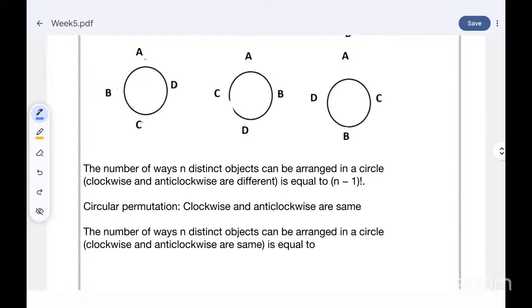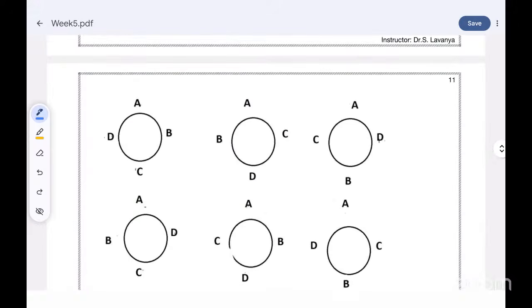Note that here clockwise and anti-clockwise are different because, if you are looking at this clockwise, then the position is actually A, B, C, D. But if you are looking at the anti-clockwise, then it is actually A, D, C, B. Right? They both are different.